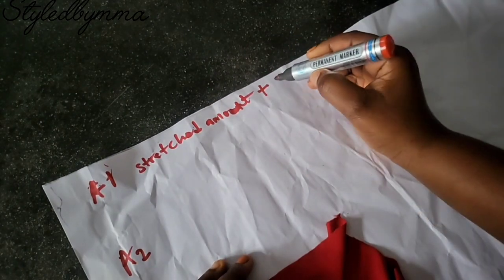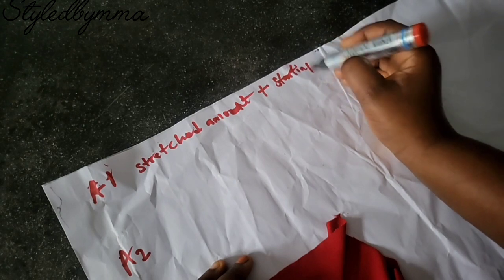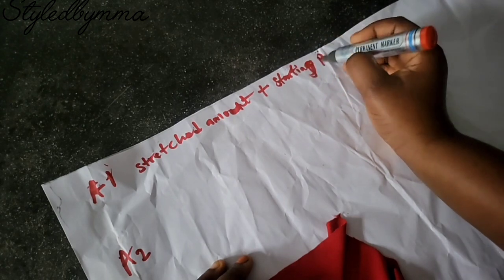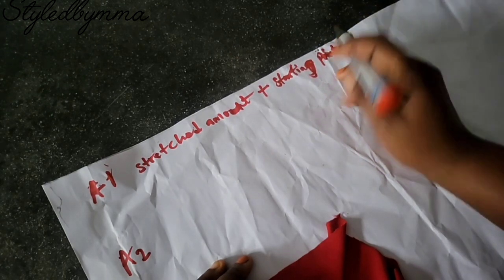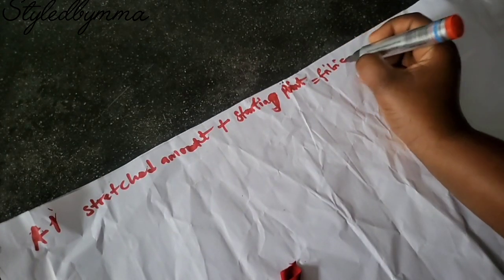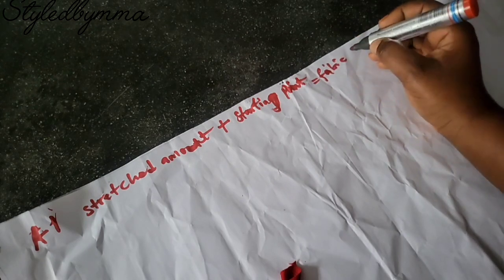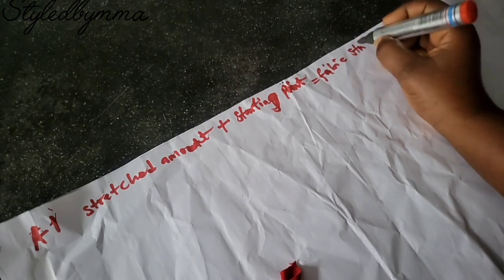So what we're going to do is stretch amount minus the starting point. This should be minus, it is a mistake and I put plus. That should be minus the starting point, which is equals to the fabric strain. So this is how you get the procedure.